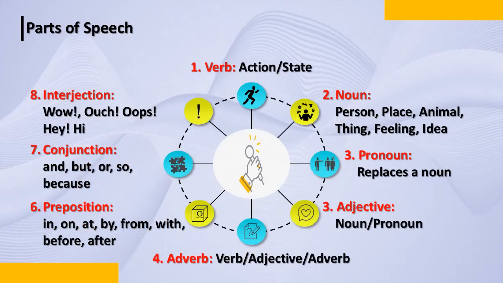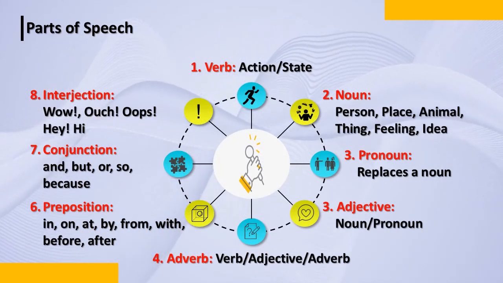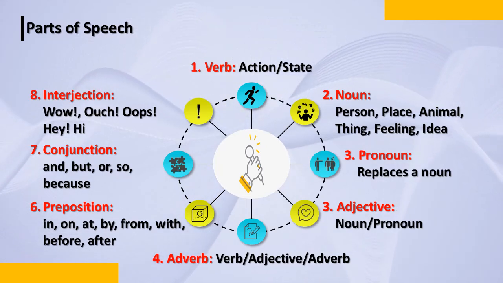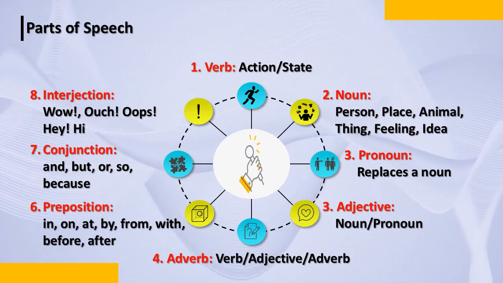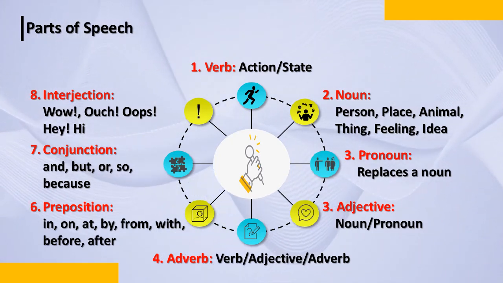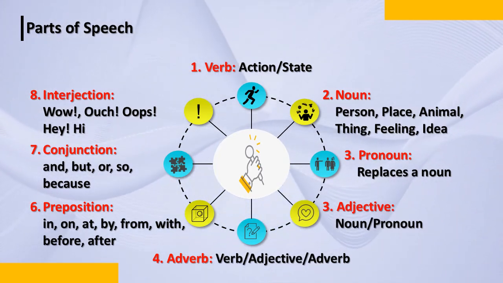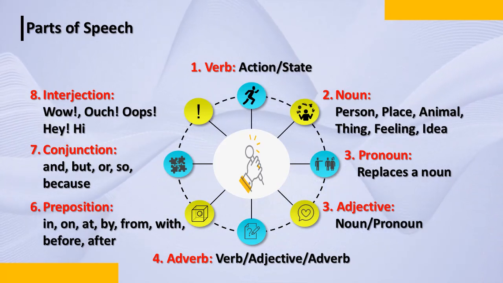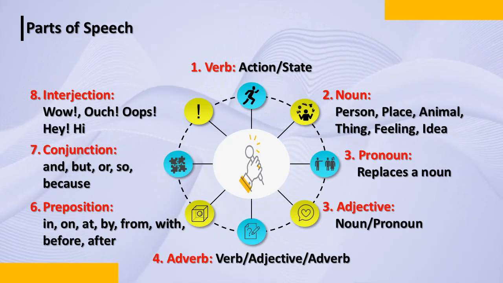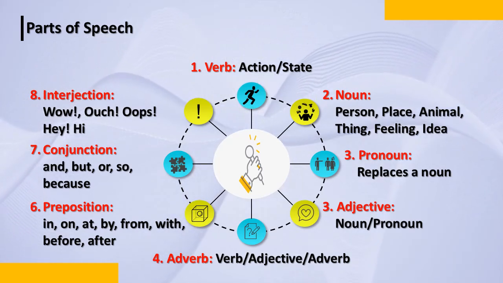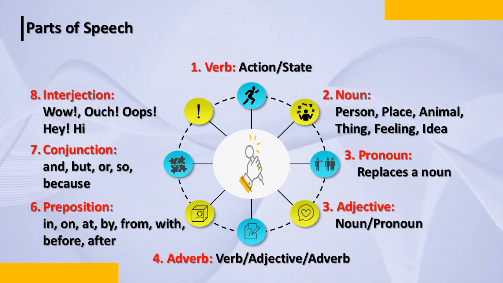Today. Verb, those words which are talking about an action or a state, a situation which you are in. I'm standing here for the last 1 hour waiting for the bus. Standing is a verb. I didn't like Raju laughing at me.